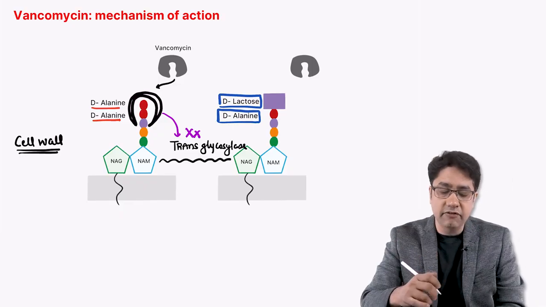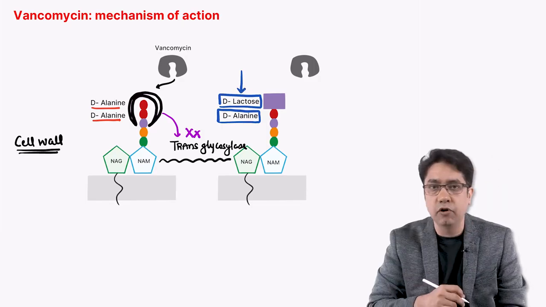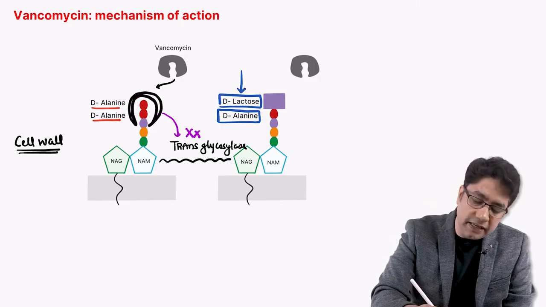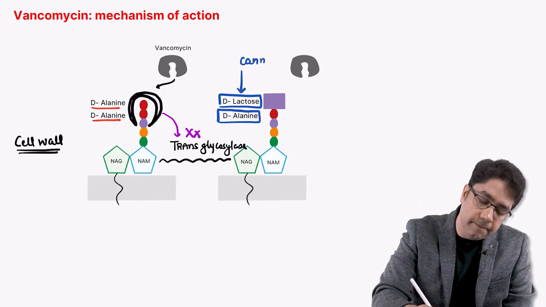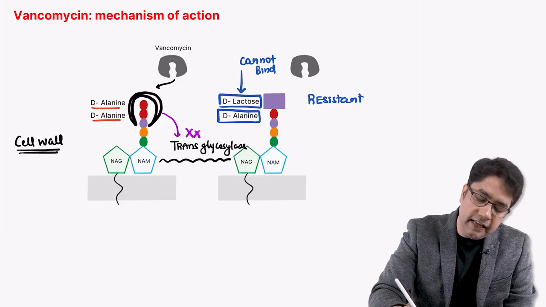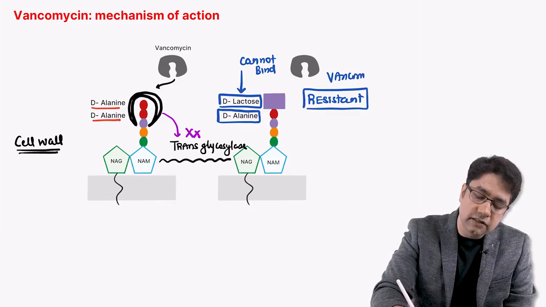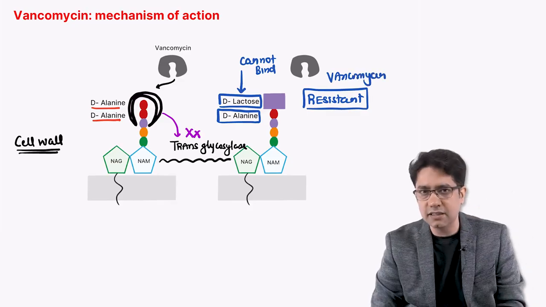When the cell wall of a bacteria changes and D-alanine D-lactate is produced, then vancomycin cannot bind to the cell wall, which leads to vancomycin resistance. So D-alanine changes to D-alanine D-lactate, which leads to vancomycin resistance.